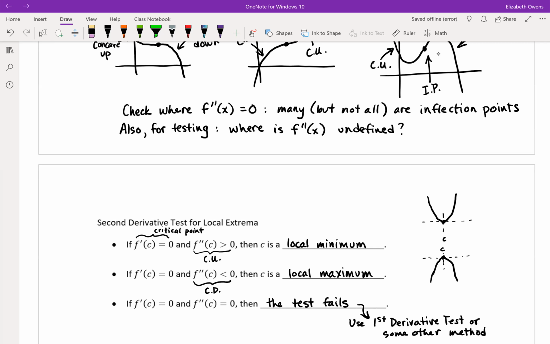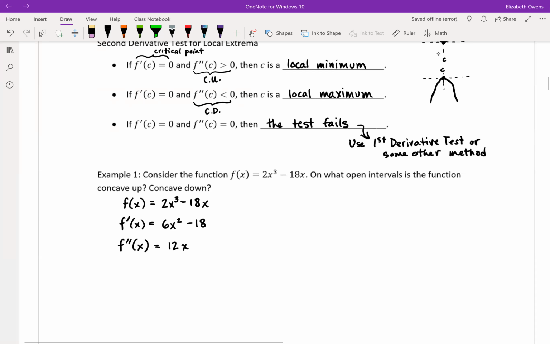Now, these are very similar again to critical points. But I'm just going to say that these are potential inflection points, since we're working with the second derivative. For some reason, they don't call these critical points when we're looking at the second derivative.